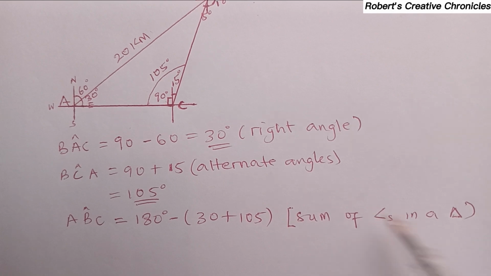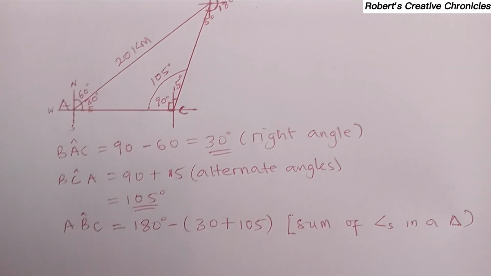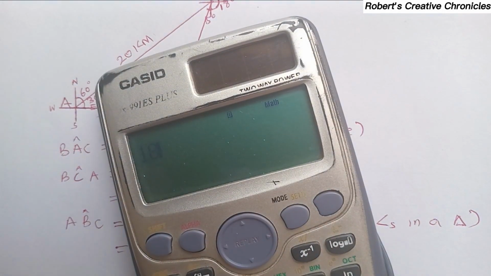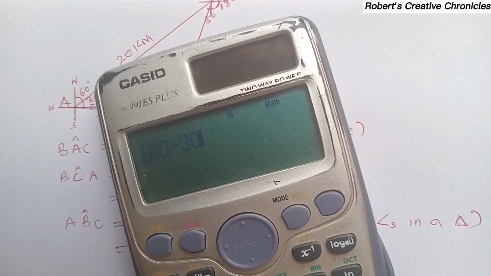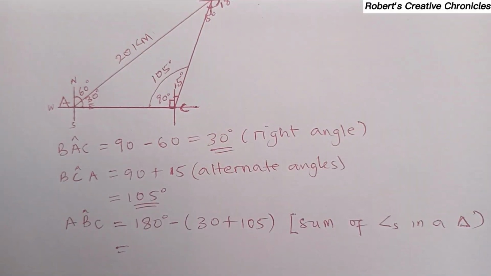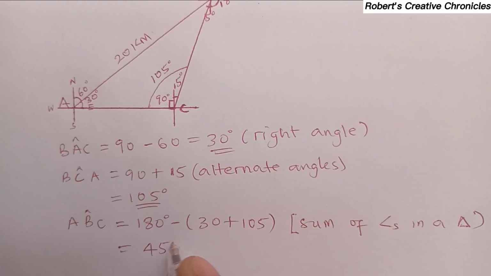This stands for angles, this is triangle. So then this becomes what? 180 minus 30 minus 105 is 45 degrees. So this one is 45 degrees.